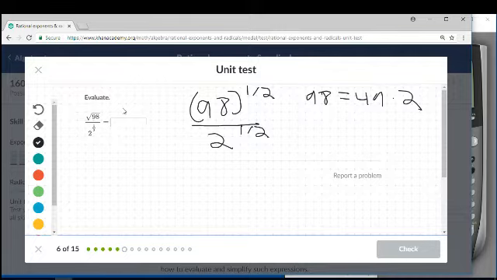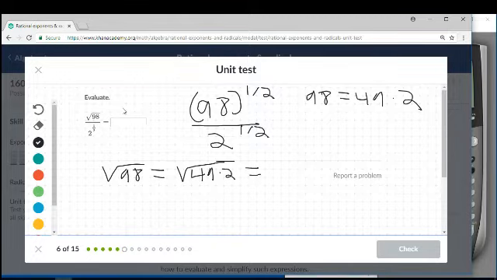So the square root of 98 can be simplified as the square root of 49 times 2, and you can rewrite that as the square root of 49 times the square root of 2. And the square root of 49 is equal to 7. This can be rewritten as 7 root 2.